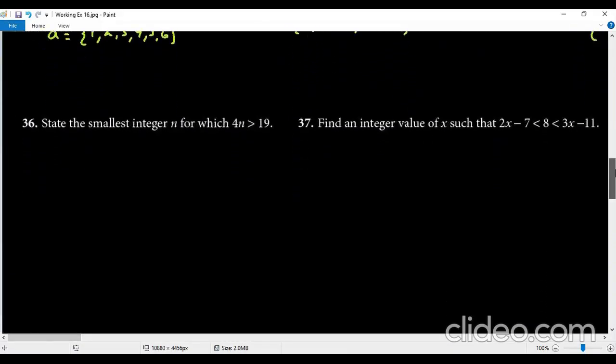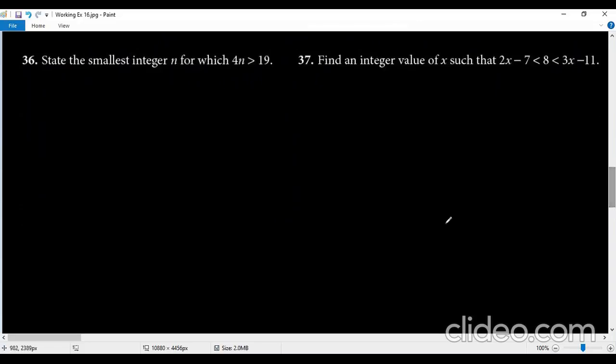Going towards question number 36, it's going to be something like this. For 36, state the smallest integer n for which 4n is greater than 19 is going to be true. So 4n is greater than 19 means n is greater than 19 by 4.